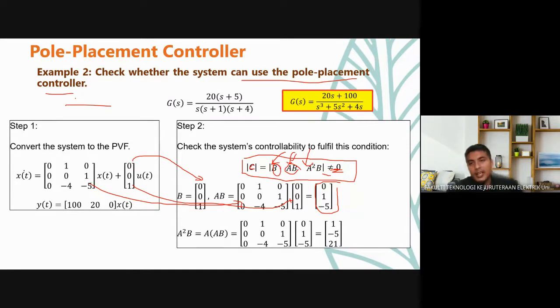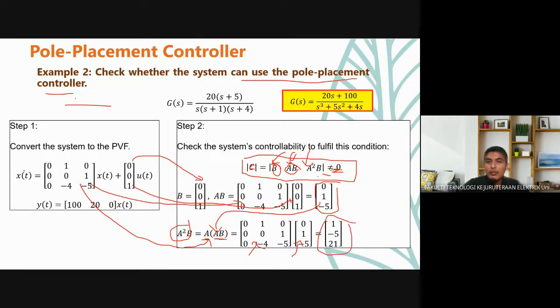And then after that, you need to calculate the A squared B matrix. The third one, A squared B matrix. Actually, the A squared B matrix is the A matrix multiplied with the AB matrix. So you take the A matrix, and you already have the AB matrix answer here. So the A matrix multiplied with the AB matrix, and you get this answer.